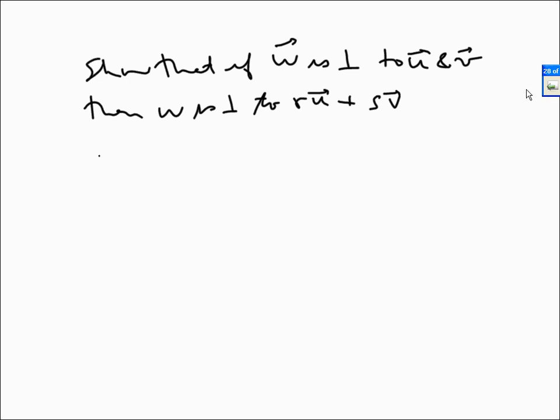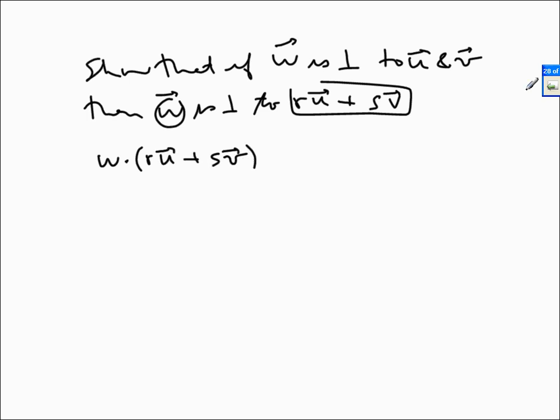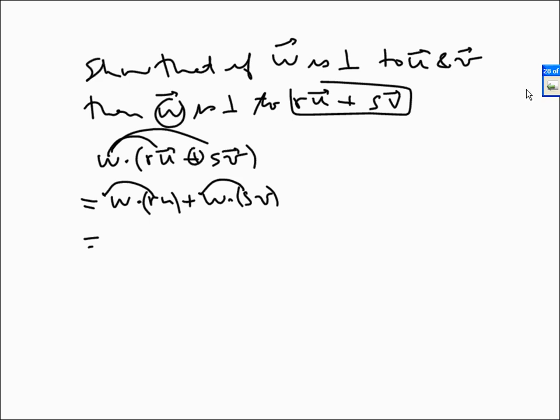Well, if this vector and this vector are perpendicular, then their dot product should be 0. Well, the last theorem said we can dot W with those two vectors, plus, and then dot those two. But another theorem says that we can bring the scalars R and S in front.